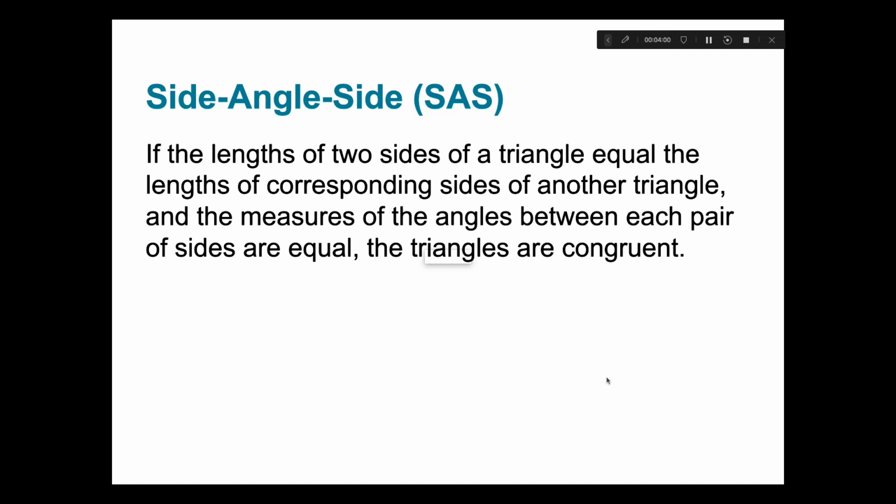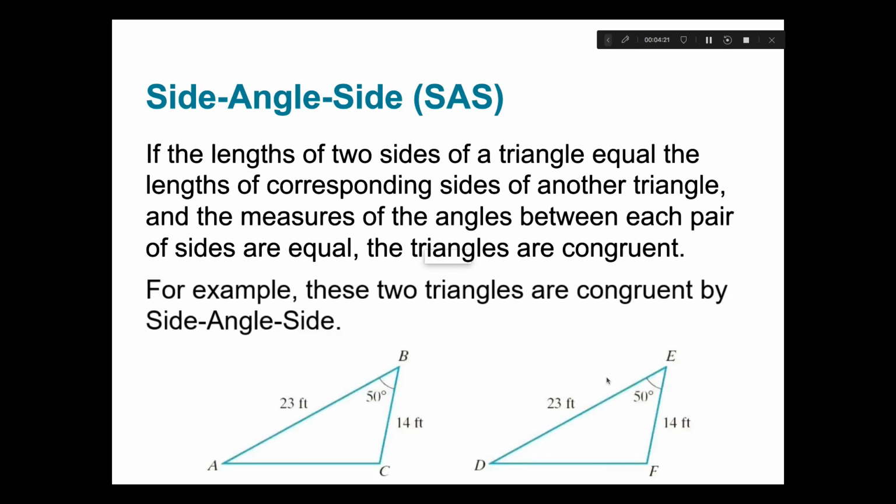Then we talk about a side, an angle, and a side. So if you have two sides that are the same and the angle between them is the same, your triangles are congruent. There is no way to draw a different triangle from two sides and an angle that is going to be different. So they have to be congruent with each other.